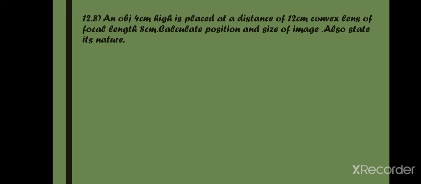Now you have to remember the sign conventions for lenses. Here is a convex lens. The distance of the object P is 12 cm, F is 8 cm. Position and size of the image is required. Also state its nature.